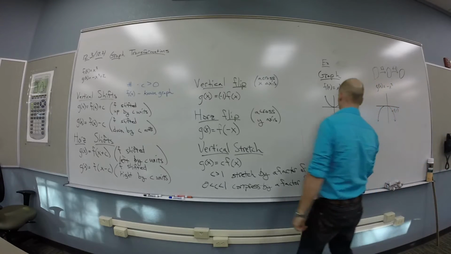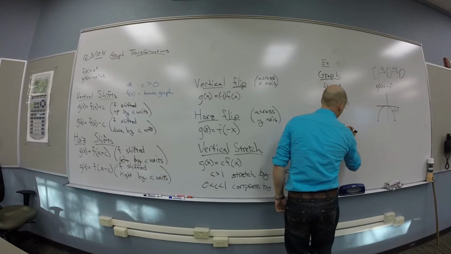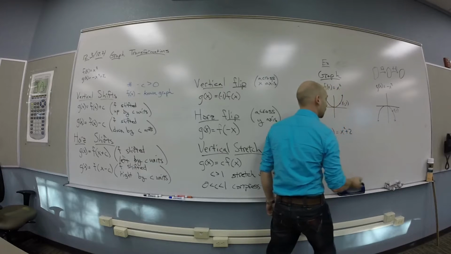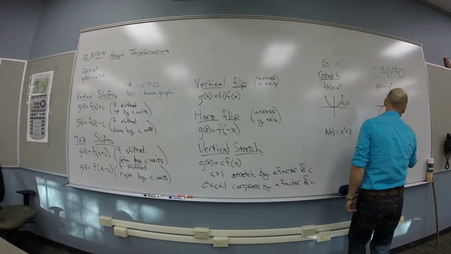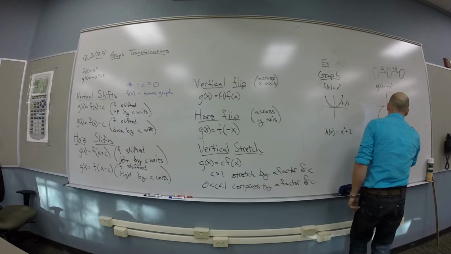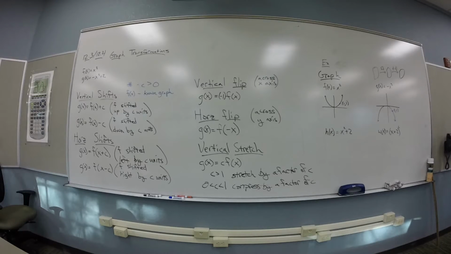All right. How about h of x is x squared plus 2, and w of x is x plus 2 squared. What's the difference between these two? Well, in one the square is just on the x, and in the other the square is on the whole thing.